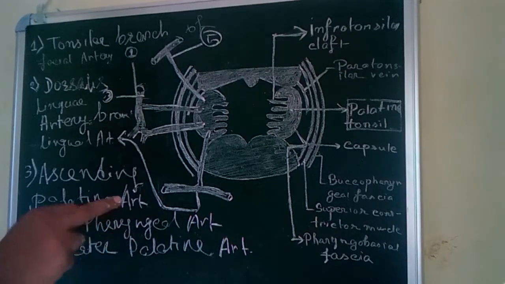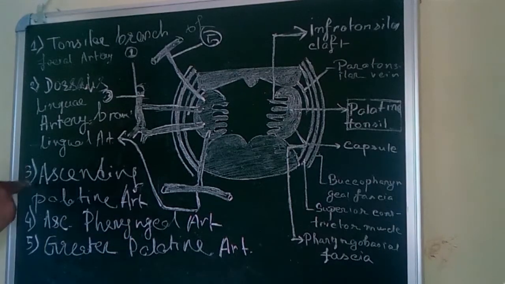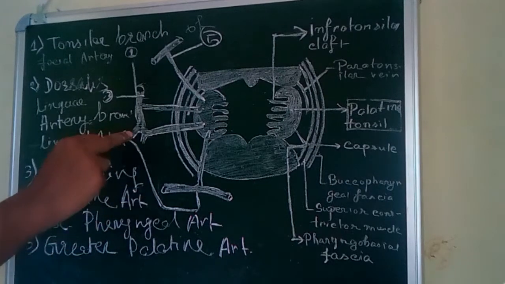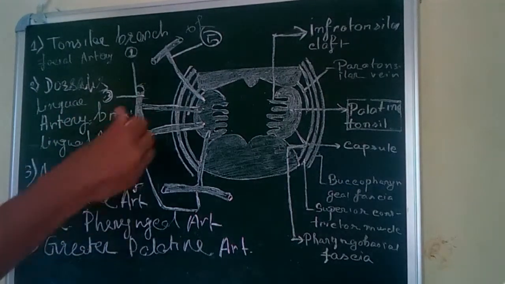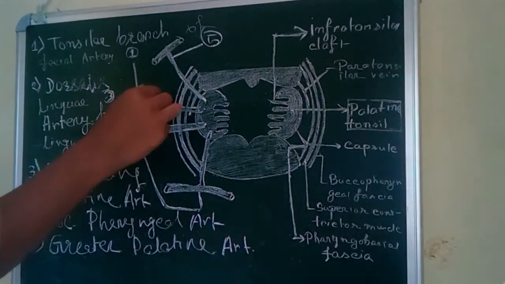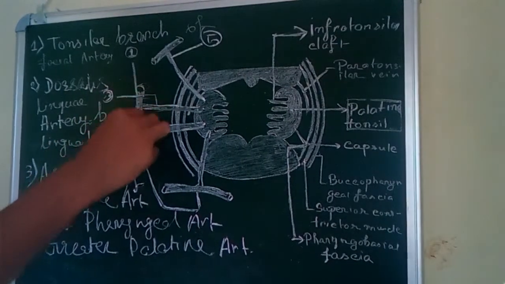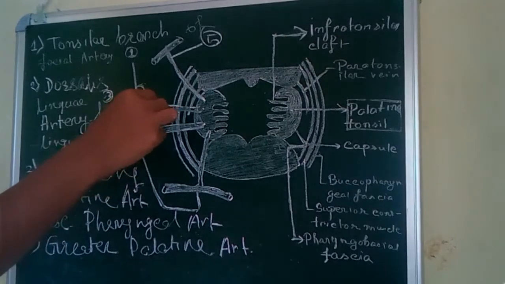And number 3, the ascending palatine artery, is the branch of the facial artery. Here is the facial artery, and the branch of this artery is the ascending palatine artery.